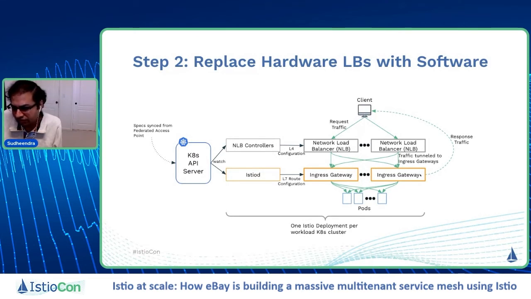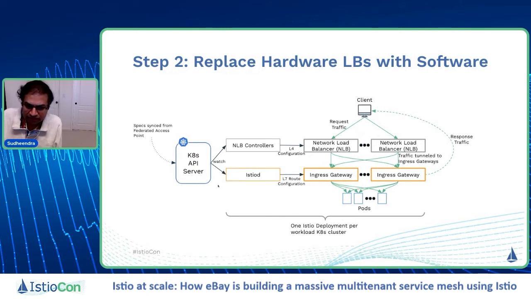The return traffic, however, since this path is tunneled, goes directly back to the client from the ingress gateway in a DSR fashion. Another point is that today our network load balancers are based on IPVS in the kernel. We are also working on a more efficient eBPF and XDP based implementation.